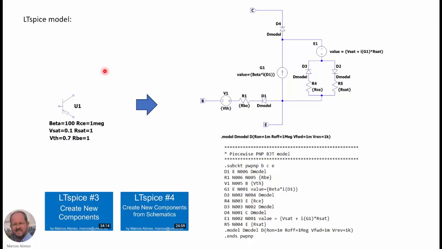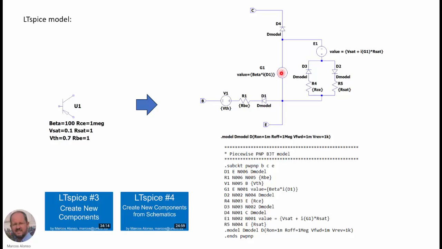We can also do a version for the PNP BJT transistor, so we can use this symbol here. These are the parameters, and here we have the equivalent circuits. So in principle we only have to reverse all the components. Between the base and the emitter we have the ideal diode in this direction, the series resistance, and the voltage source also in this direction.